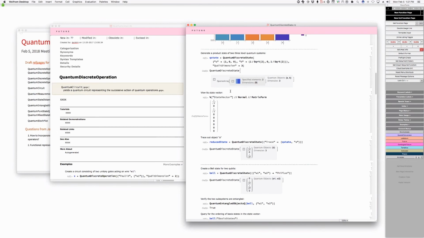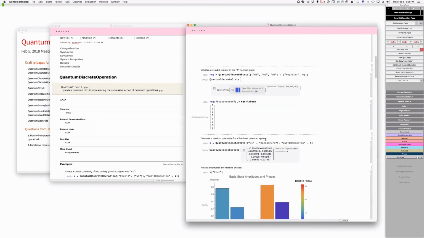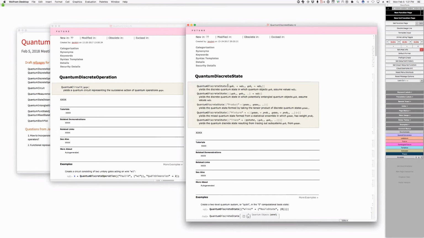I'm confused here. Why is there this trace thing here? I don't understand this, because what we've got here is a case in which quantum object goes to values, and now we've got this thing, product, which is standing in the place of a quantum object, but it's not a quantum object. What is it?